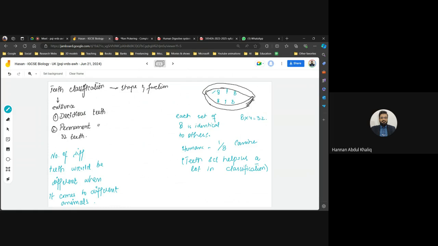How can you say that? When you see a teeth set, that teeth set would help you understand what that animal prefers to eat.